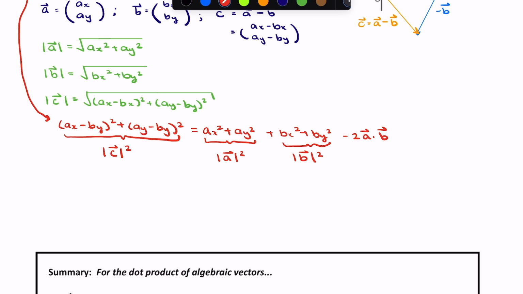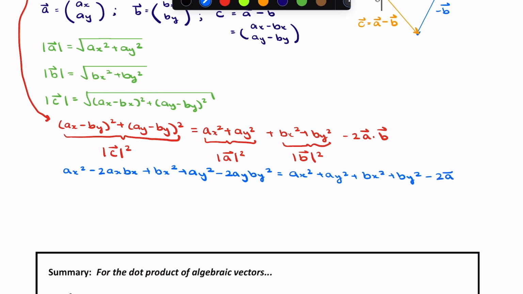If we expand what we have here, we'll have ax squared minus 2 ax bx plus bx squared, plus ay squared minus 2 ay by plus by squared, is equal to ax squared plus ay squared plus bx squared plus by squared minus 2 times the dot product of vector a and vector b.